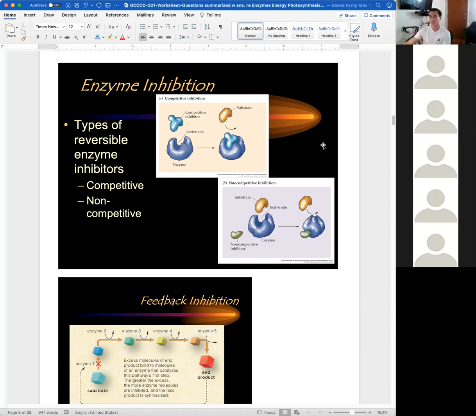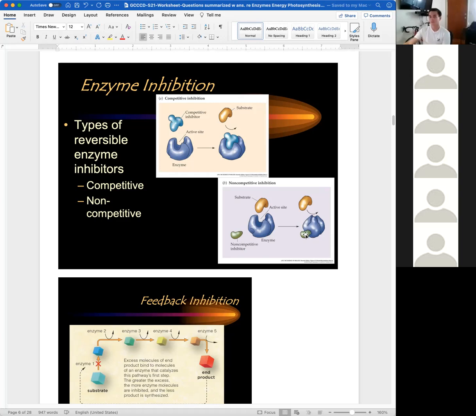A similar effect can be achieved with non-competitive inhibition. So it's the same thing in the lower right here. We have this enzyme in blue, which has an active site that is the same shape as the substrate. And there is an inhibitor that does not bind to the active site. It has another site that it can bind to.